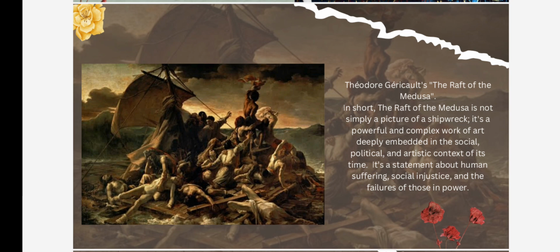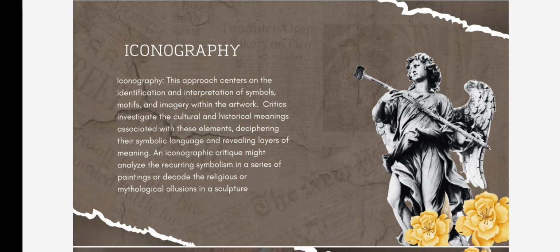It is a statement about human suffering, social injustice, and the failures of those in power. So contextualism focuses more on the context, on how they portray the message of the painting. The last prominent approach is iconography.